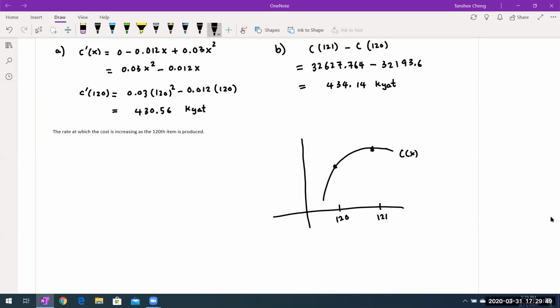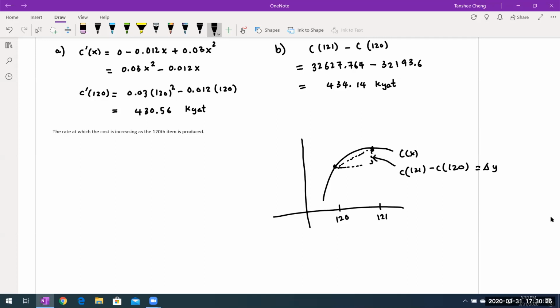So when we talk about the change in y, the cost of the 121st minus the cost of the 120th, C of 121 minus C of 120, that is basically the change in the cost.